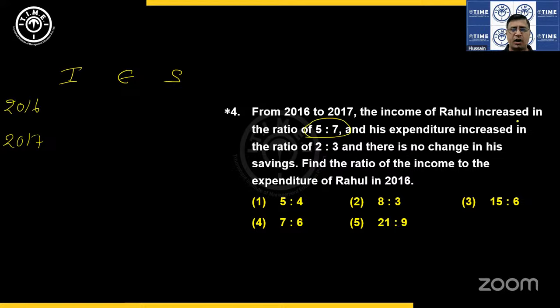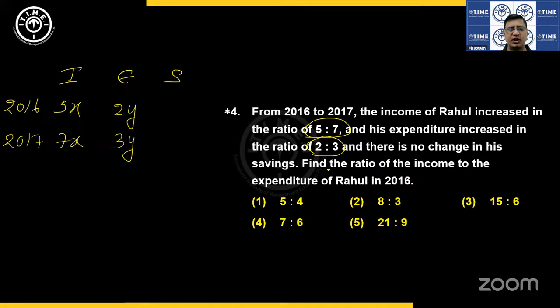The income of Rahul increased in the ratio 5:7. Here it is 5x and 7x. What about the expenditures? 2:3, that is 2y and 3y. What about the savings? They are equal.